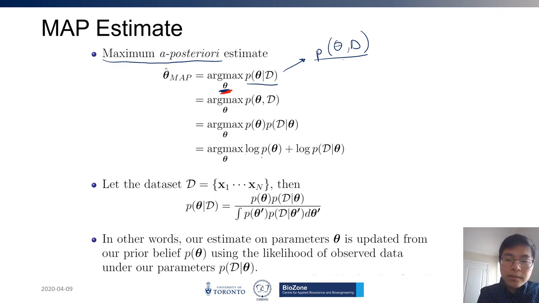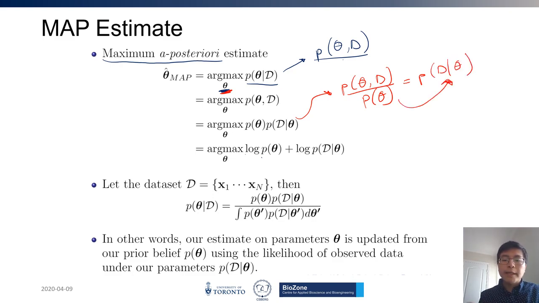Okay, the second line to the third line, well, P of d given theta is P of theta and d over P of theta. That's equal to P of d given theta. Multiplying it to this side, we get the equivalence. And here, I'm taking a log.